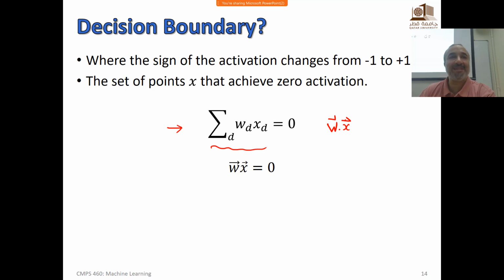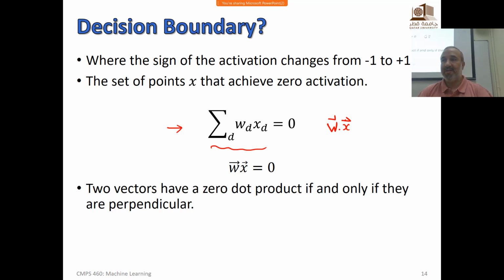W is the weight vector and X is the example. From linear algebra, when we have a dot product between two vectors and the dot product is 0, what does that mean? They are perpendicular to each other, right? So this is the rule: two vectors have a zero dot product if and only if they are perpendicular.